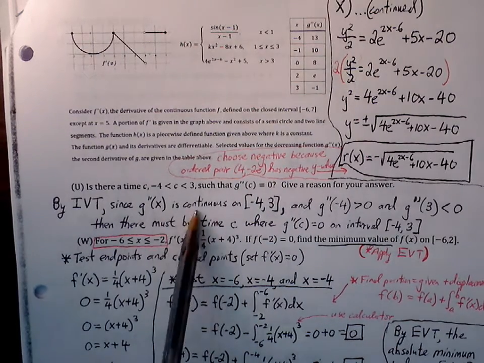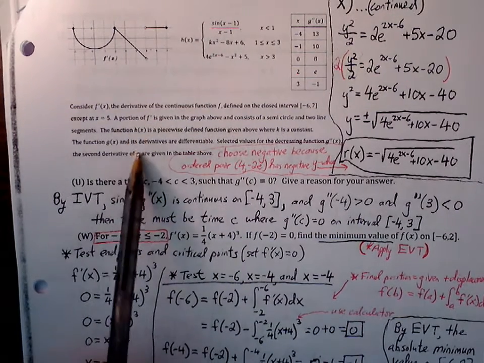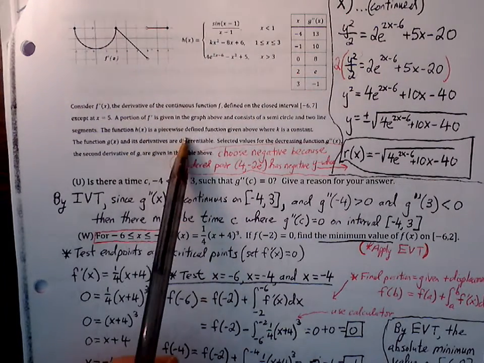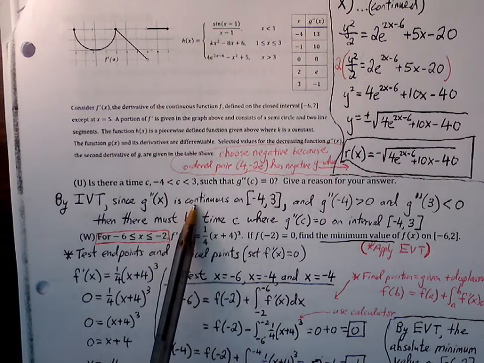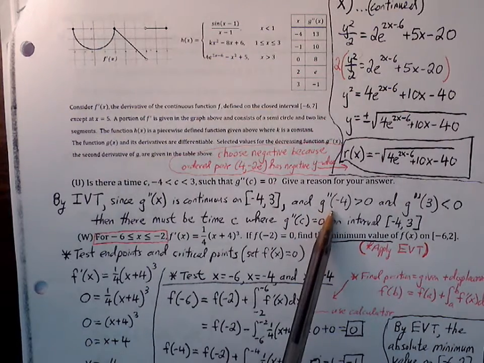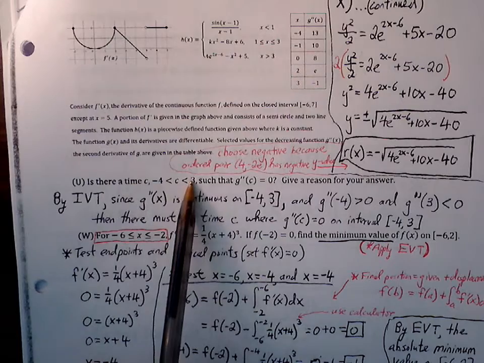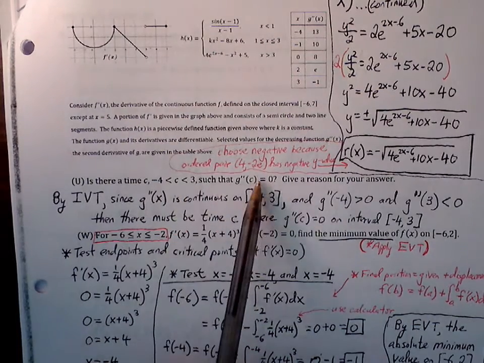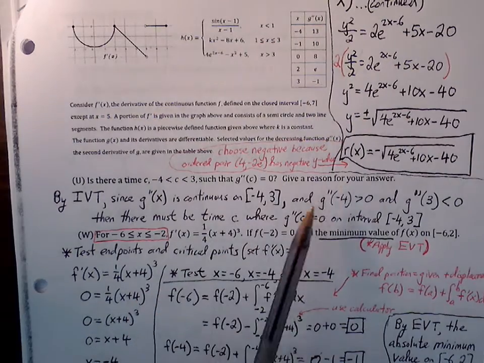So first thing we have to establish is the function continuous, and it is. G double prime is given to us as a continuous function. Well, it says differentiable, but if it's differentiable, then you can make the claim that it's also continuous. So we need one endpoint to be above 0 and the other to be below 0. So negative 4, g prime of negative 4 is 13. That's obviously above 0.